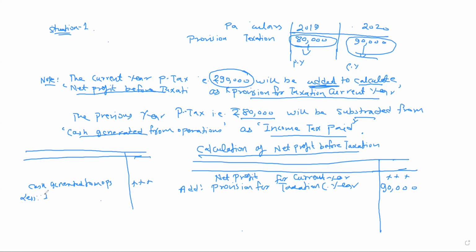Less income tax paid. What is your income tax paid of the previous year? 80,000. This you will subtract, and the figure that you get will be known as net cash flow from operating activities. Is it clear now, students? Yes, sir.